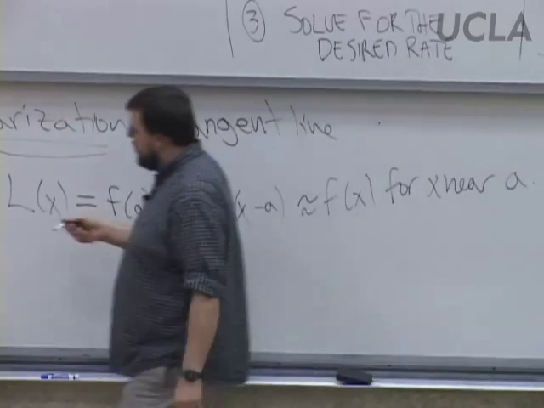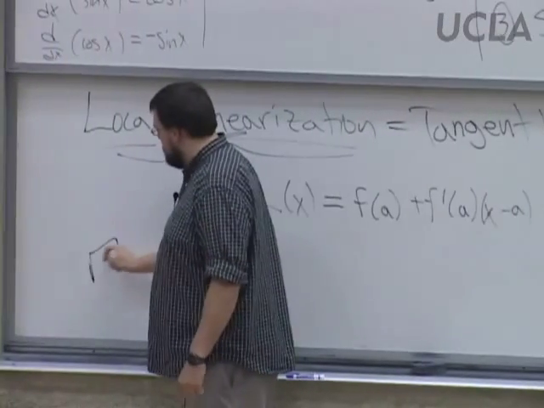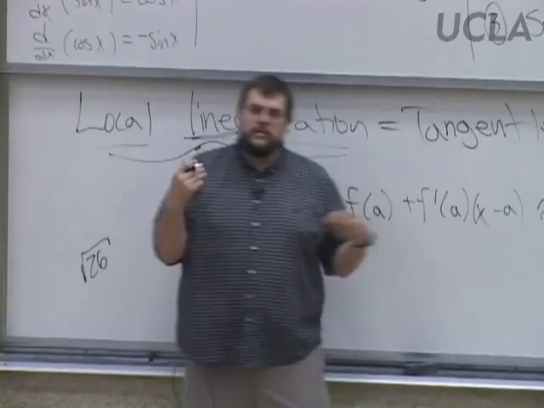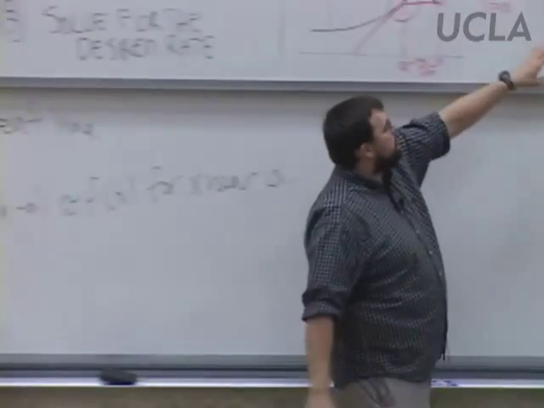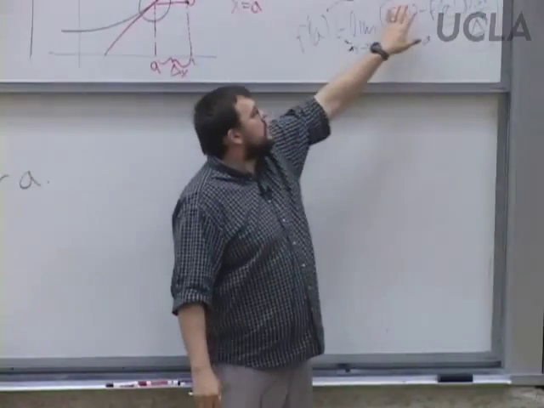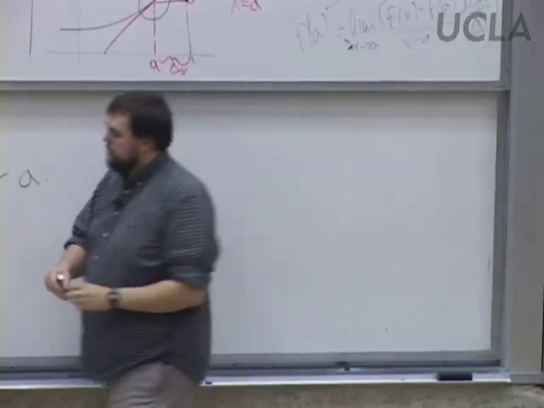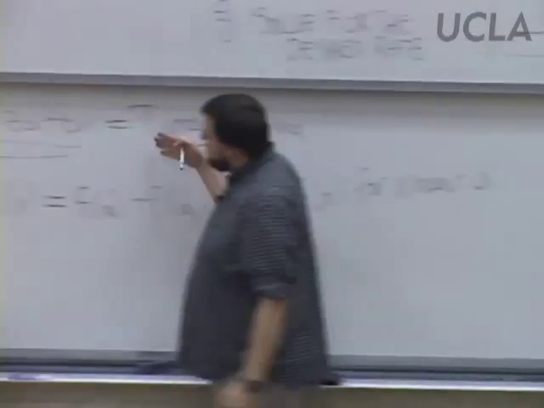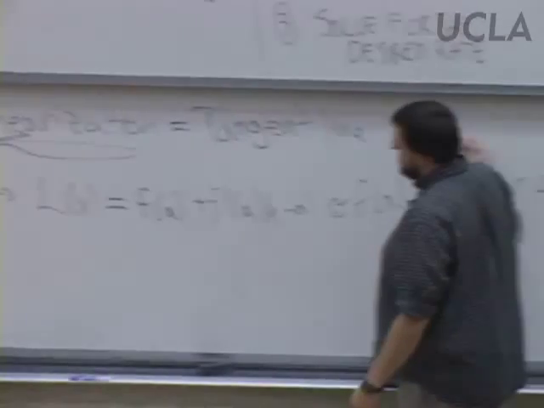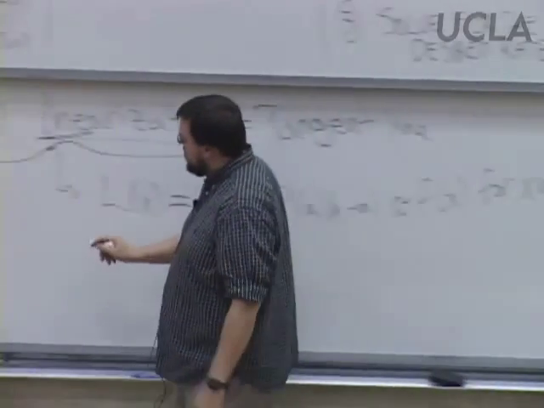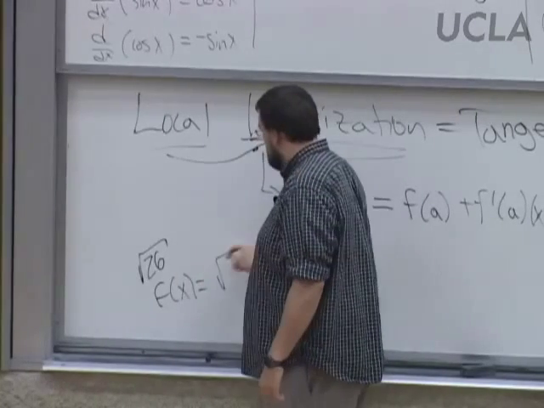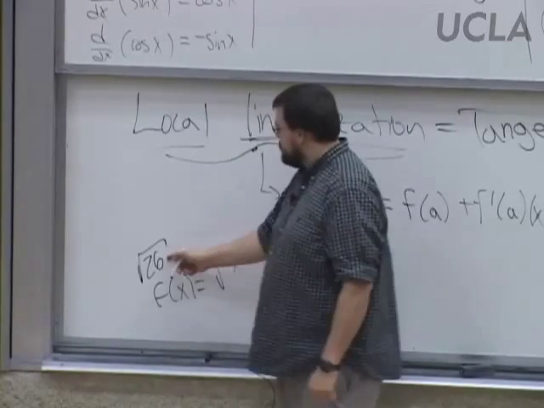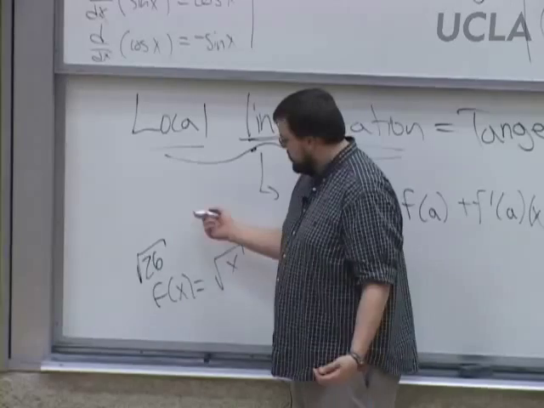Well, we said, I want to estimate square root of 26. And then I said, well, okay, so what we'll really do is we'll estimate square root of 26 minus square root of 25. So in other words, we'll get a handle on this, and then we'll figure out what the square root of 26 should approximately be. Really what we are doing is thinking about this idea of local linearization. So here I say square root of 26. Well, if I think of my function f of x as square root of x, and I say, okay, square root of 26, what's near square root of 26 that we know?